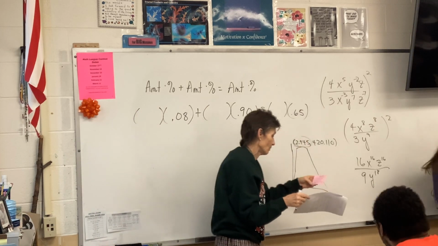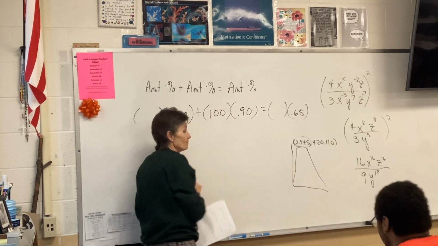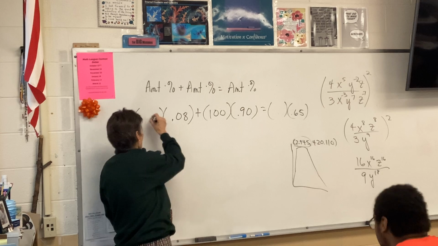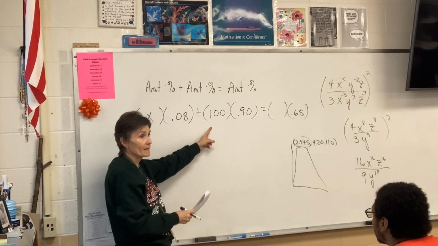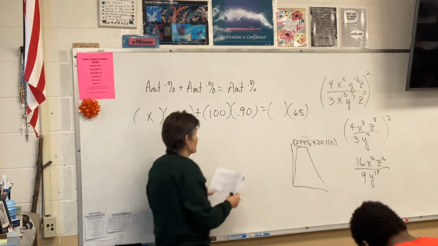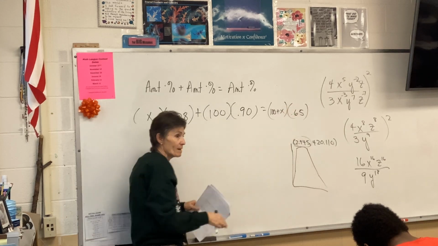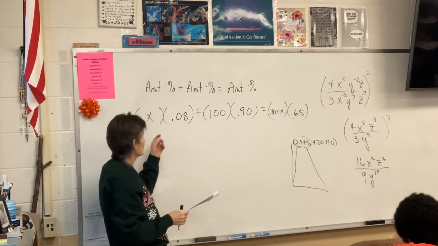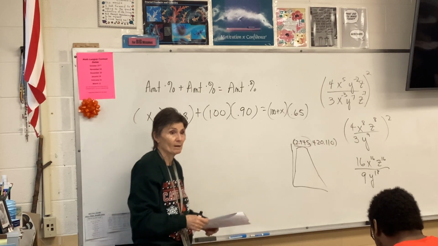Where does that go? That goes with the 90, right? And how much? These two are being added together. So this is going to be 100 plus x, or x plus 100. It doesn't matter. The order doesn't matter.